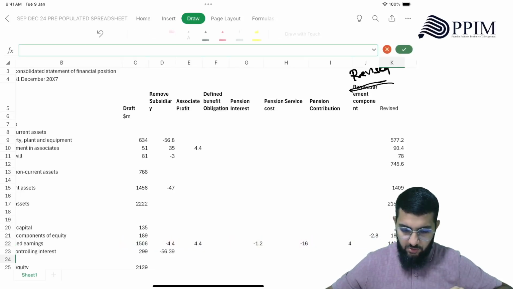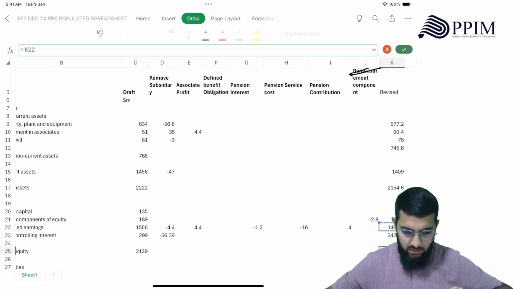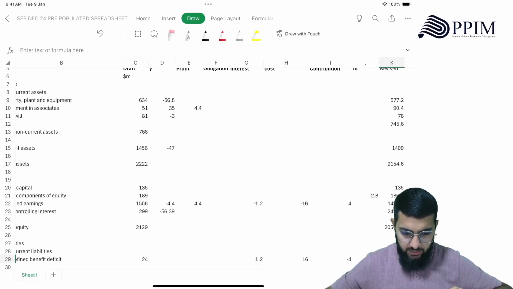Then there is an adjustment here. NCI is removed. Total equity is this plus this plus this plus this. It's total equity. Total liabilities.